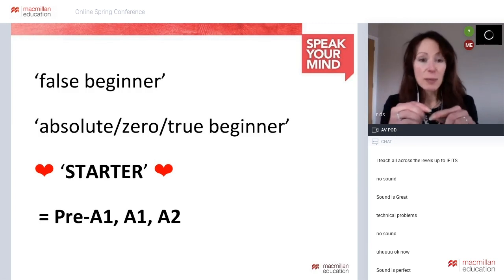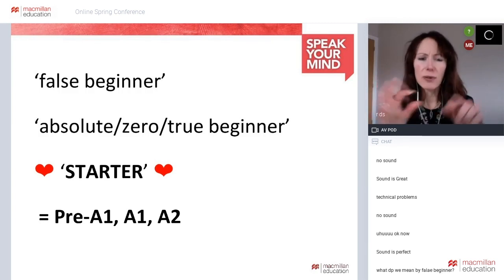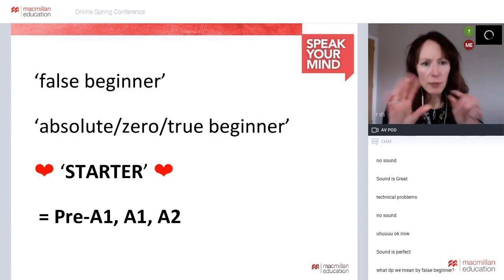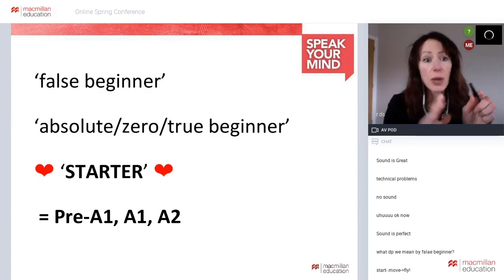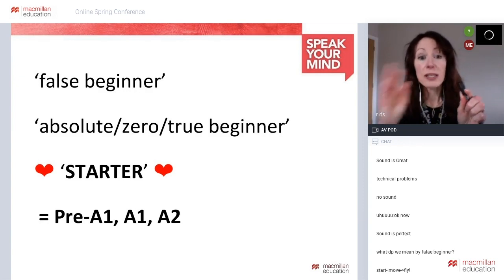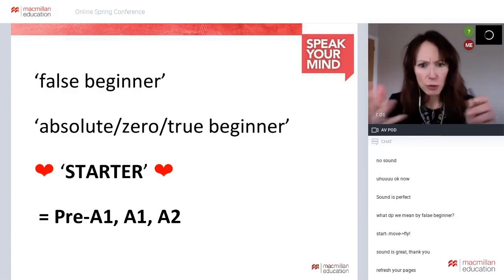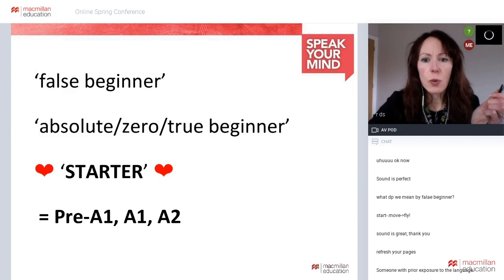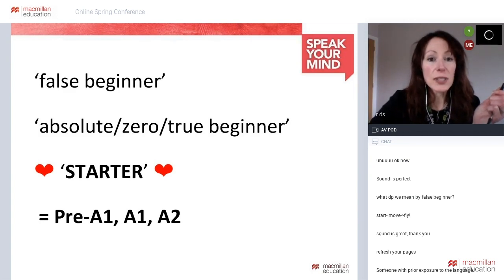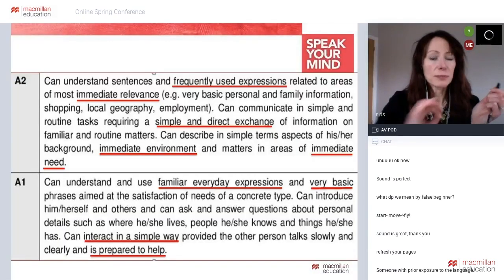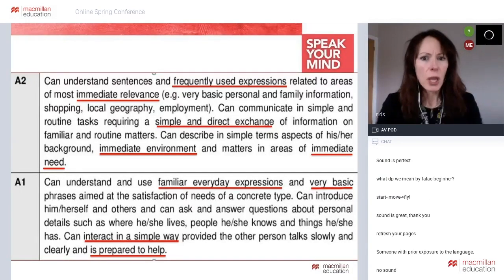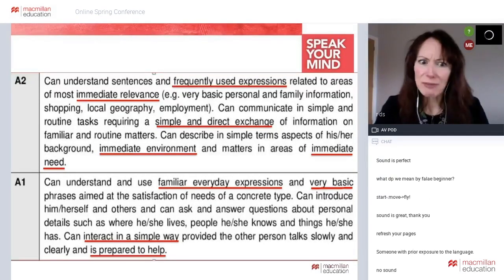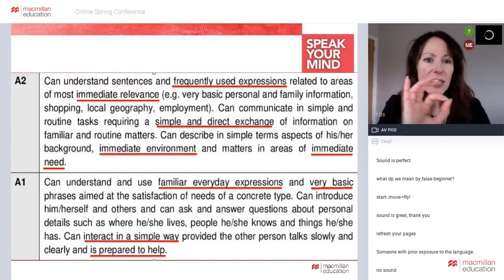And Chia's already mentioned how we define lower levels. For the sake of this webinar, we're going to define it as pre-A1, A1 to A2, and any age group within that. So let me show you. I think you're all no doubt aware of the CEFR and those descriptors for different levels. Here we've got the descriptors for A2 and A1, which I hope you'll be able to read. I've underlined key bits of information.